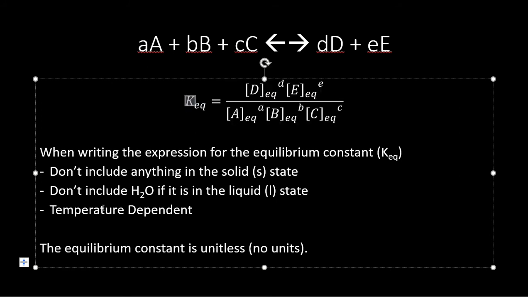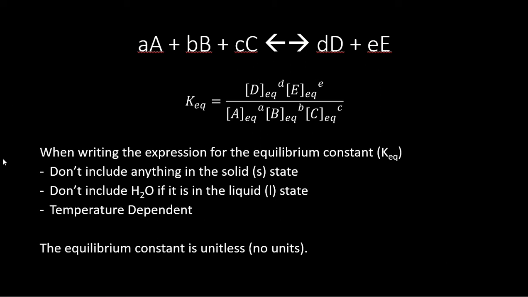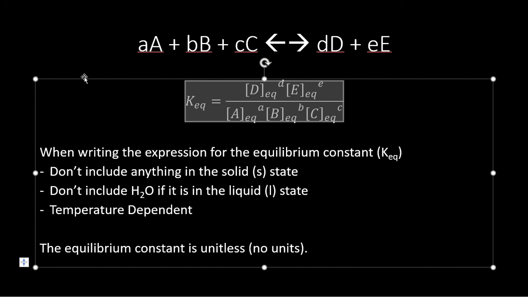K EQ will change with temperature, but also the concentrations that are needed to reach equilibrium will change as well. So just know that overall, this entire expression is only valid at unique temperatures. At one particular temperature, you need certain concentrations to achieve equilibrium. At a different temperature, you'll need different concentrations of products and reactants to once again get an equilibrium expression.